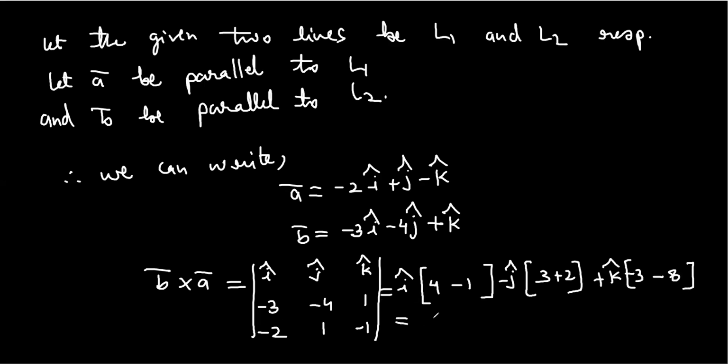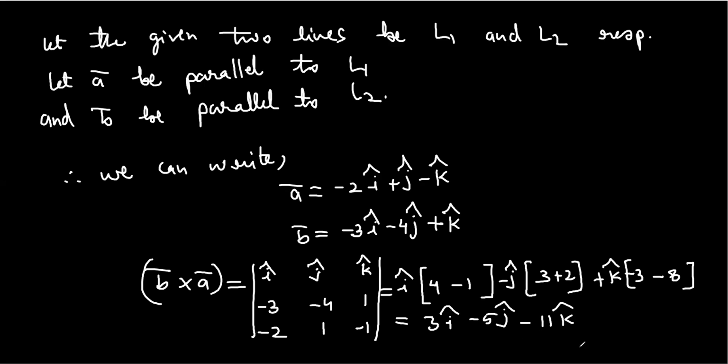So this is 3 i cap minus 5 j cap, and this is minus 11 k cap. So you got B bar cross A bar.